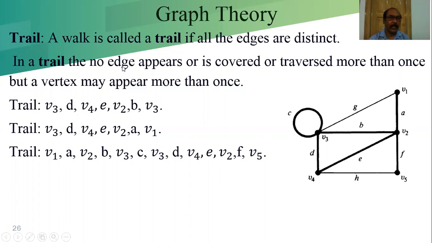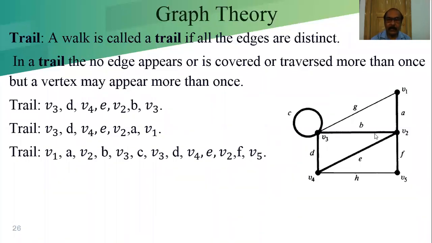In a trail, no edge appears, is covered or traversed more than once, but a vertex may appear more than once.